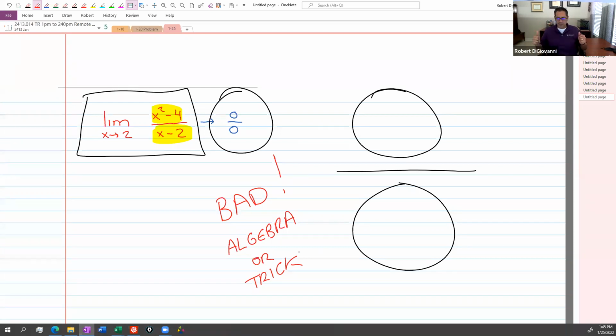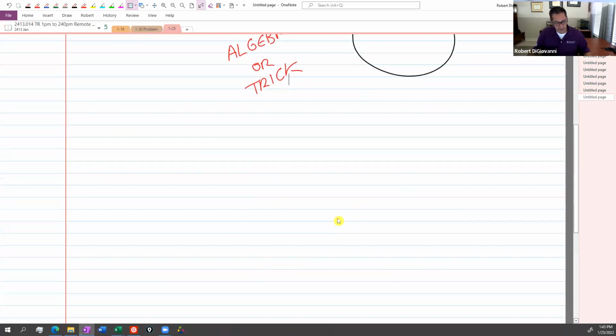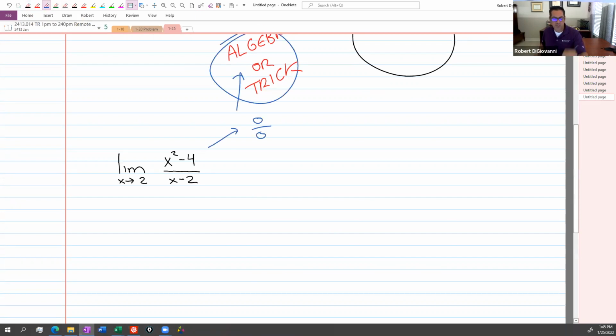You with me? So let's do it. Okay, let me go back to that problem. I look at this problem and I say to myself, I know already this goes to 0 over 0. This is bad. This needs algebra or some trick. Well, I do know some algebra here.